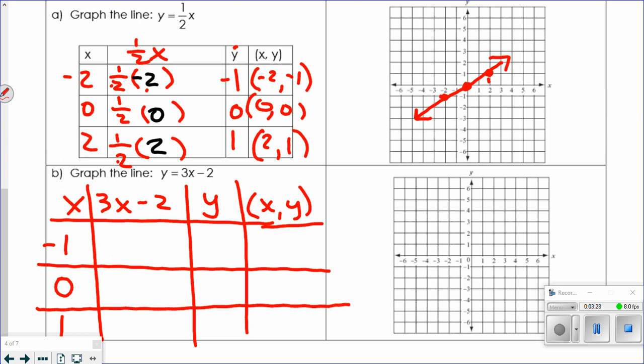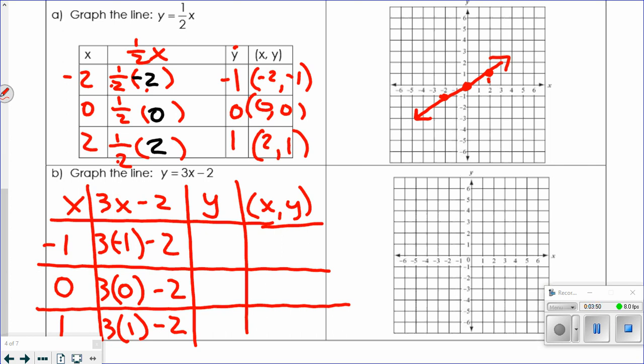Same thing. I'm going to take this equation, 3x minus 2, and substitute in the x values. So 3 times -1 minus 2. 3 times 0 minus 2. And 3 times 1 minus 2.